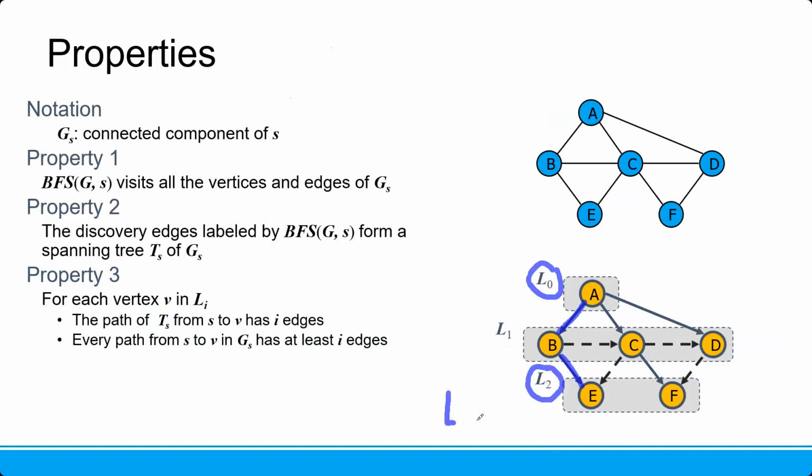If we have L3, then there will be 3 edges from S. If we have L4, then there will be 4 edges from S. Every path from S to V in GS has at least i edges. This is the minimum.